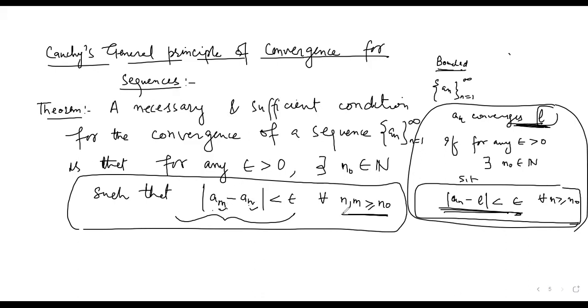वो bigger than or equal to some n naught है। तो this condition gives us the condition on convergence in terms of the sequences rather than मतलब इसके लिए हमें पहले लिमिट पता होना चाहिए, इसके लिए लिमिट पता होने की जरूरत नहीं। तो ये कह रहा है बेसिकली ये कंडीशन कि L के नेबरहुड में यानी जो टर्म्स ऑफ द सीक्वेंसेस हैं दे शुड एक्यूमुलेट अराउंड L। तो यहाँ पे ये कह रहा है कि टर्म्स ऑफ द सीक्वेंसेस शुड एक्यूमुलेट अमंग देमसेल्व्स। तो अगर वो अमंग देमसेल्व्स भी कन्वर्ज करती हैं तो वहां पे कोई L होगा जिसको वो कन्वर्ज करेगी। सो दिस इज व्हाट शो, और अगर वो कन्वर्ज करेगी अराउंड L तो दे मस्ट कन्वर्ज अमंग देमसेल्व्स आल्सो, मतलब एक्यूमुलेट अराउंड सॉर्ट ऑफ themselves.